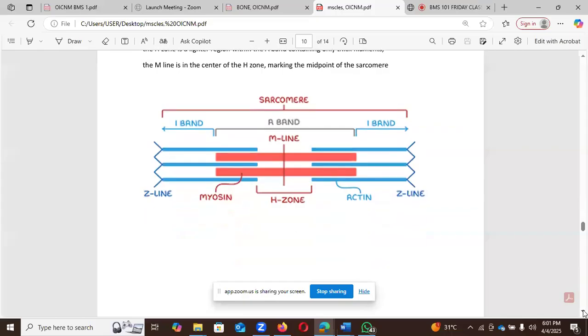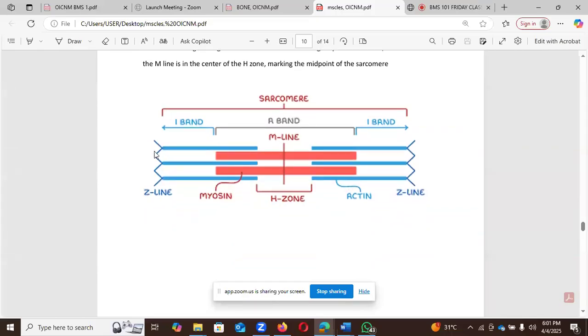So look at it. The entire length from one Z line to another Z line is the sarcomere. In a sarcomere, you have the I band, which is the thin actin filament. You have the A band, and the A band contains both the actin and the myosin filament.